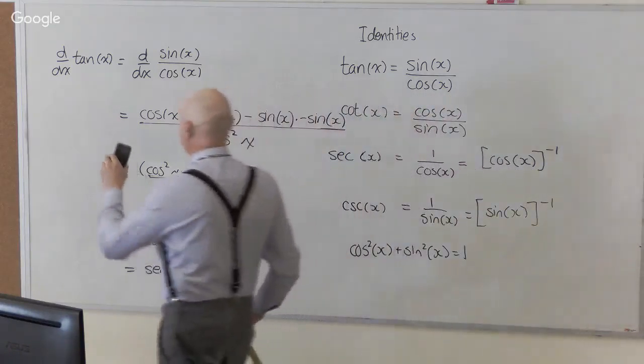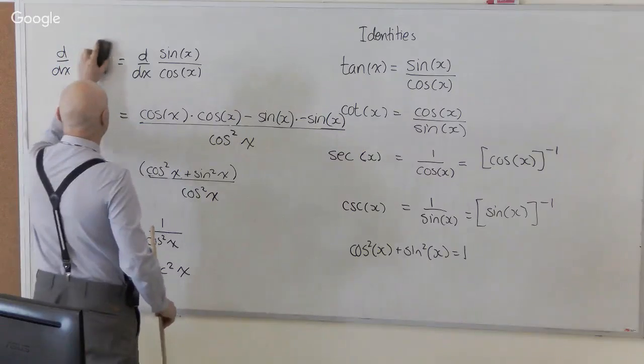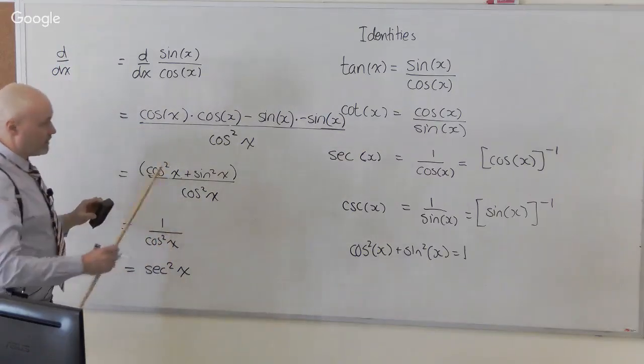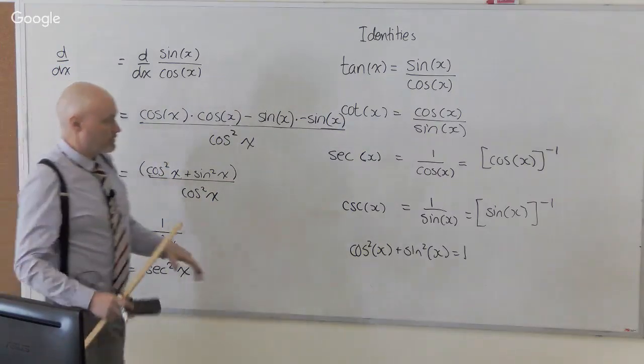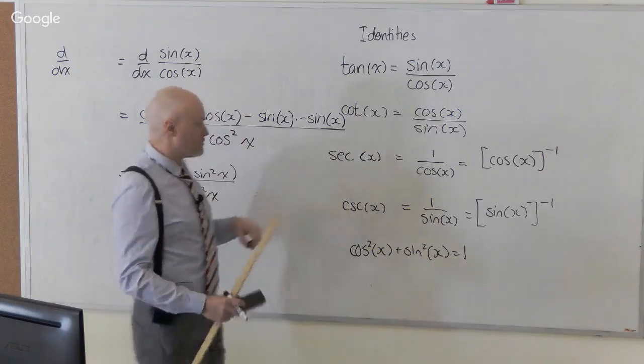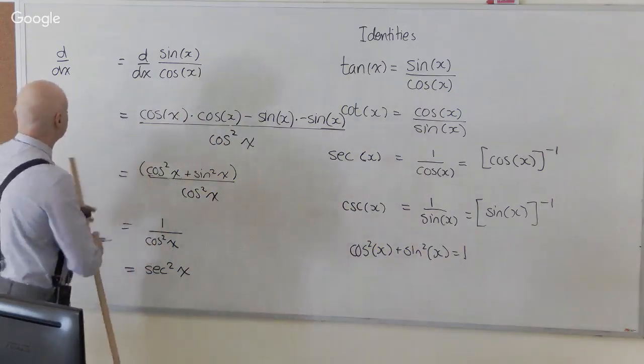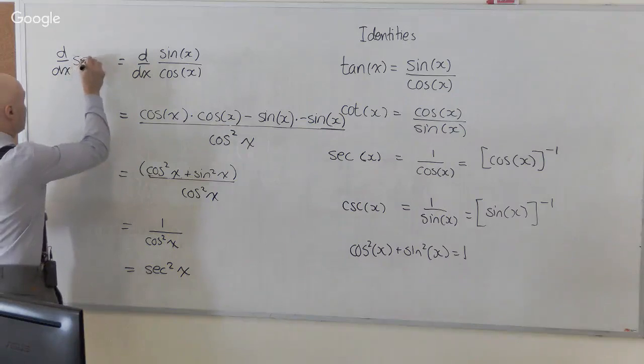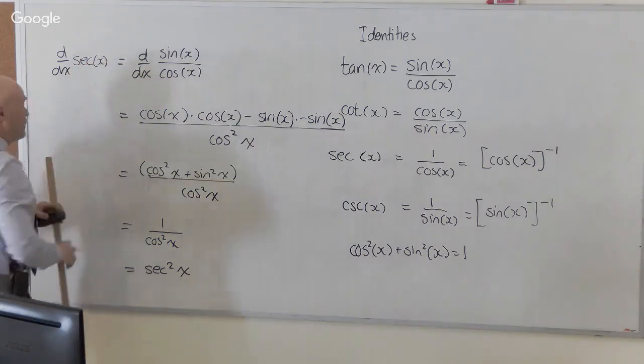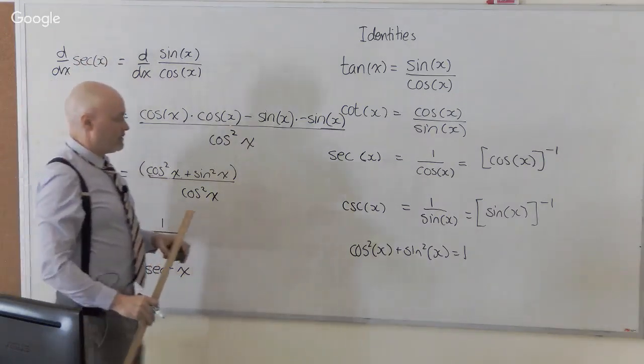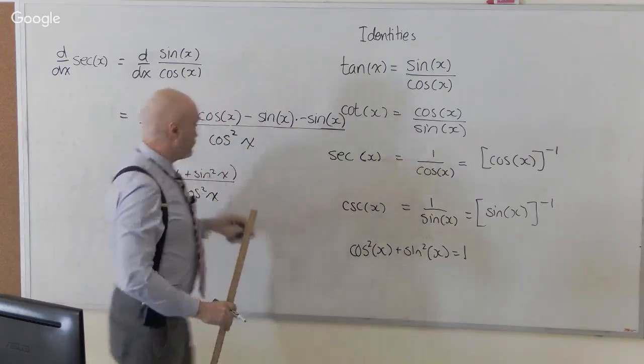Here it goes. Because I'm going to do one derivative of one of these reciprocal functions. Okay, so let's do the derivative of secant of x. And I don't know how to do that. But I do know how to take the derivative of cosine.